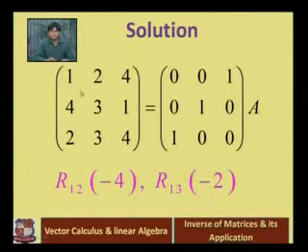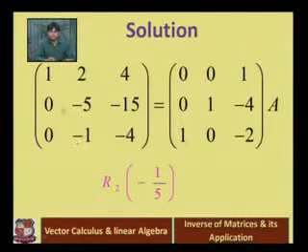For that, we multiply the first row by -4 and add it to the second row, and simultaneously do a second operation: multiply the first row by -2 and add it to the third row.